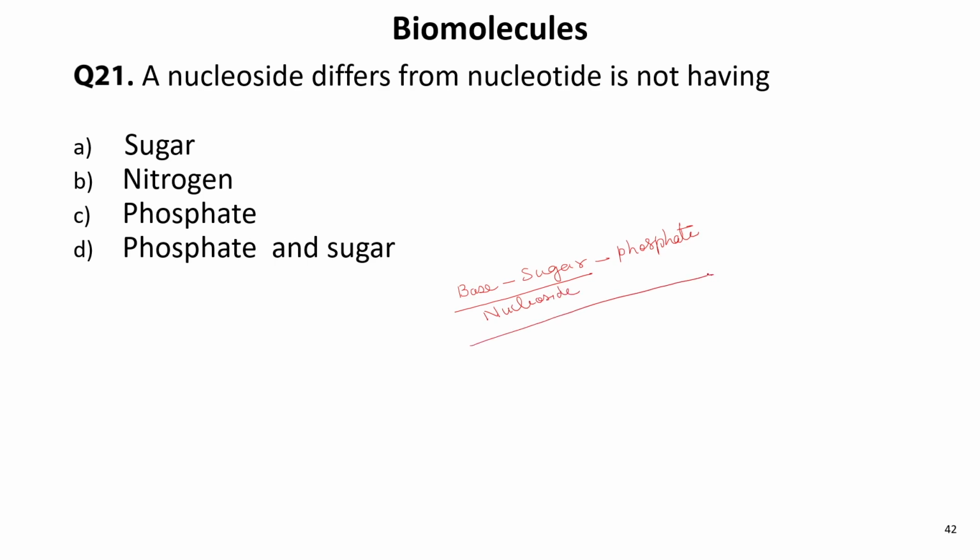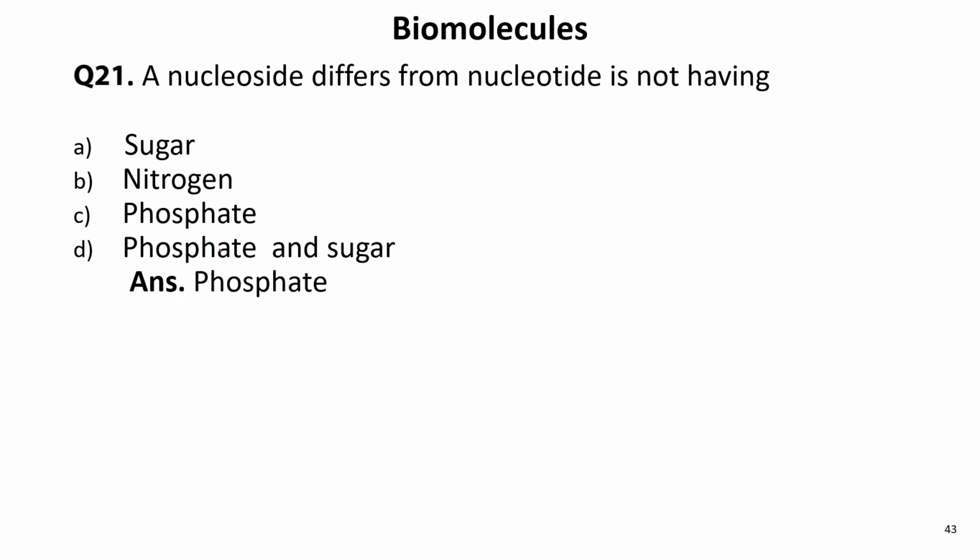Base, sugar and phosphate unite to form nucleotides. So in nucleoside, what is not present? Phosphate group. The options are sugar, nitrogen, phosphate, phosphate and sugar. So what is not present in nucleoside? Phosphate group. So the correct answer is phosphate.